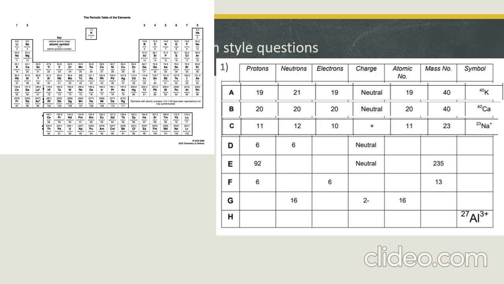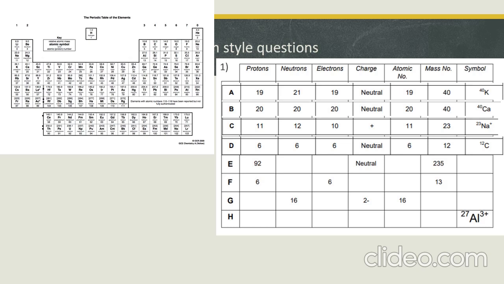Over here, neutral charge. So the number of protons equals the number of electrons. 6, 6, 6. Atomic number 6. Mass number 6 plus 6 is 12. And the symbol, you go and look at the periodic table. 6, carbon. Carbon-12 on top, because the mass number is 12. Next, neutral charge.